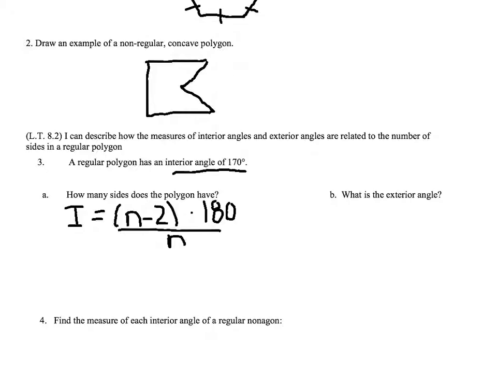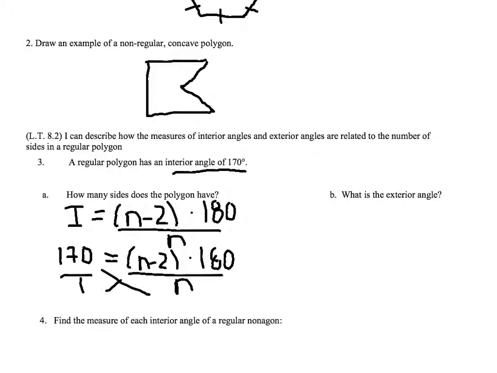So sometimes we know what n is, and n is the number of sides. Other times we know what I is, which is the interior angle measure. Today we know I, so we're going to do 170. And we're going to do (n minus 2) times 180 over n, over 1. And then we're going to cross multiply.